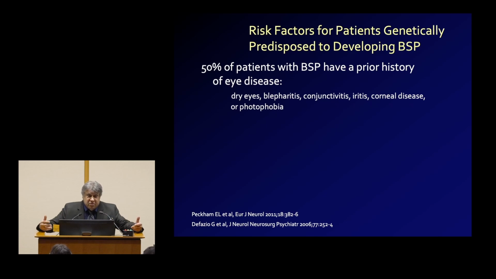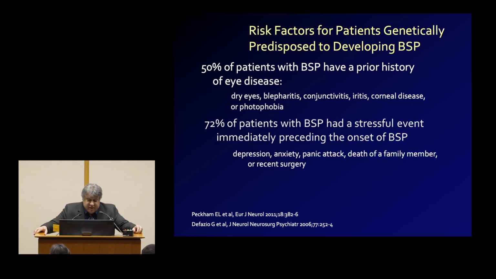They may be predisposed to develop blepharospasm but may not have it yet. 50% of patients who develop blepharospasm had a prior history of dry eyes, blepharitis, conjunctivitis, iritis, corneal disease, and photophobia, especially light sensitivity. And 72% had a stressful event before the onset of the blepharospasm, things like depression, anxiety, panic attack, death of a family member, or even surgery on themselves.